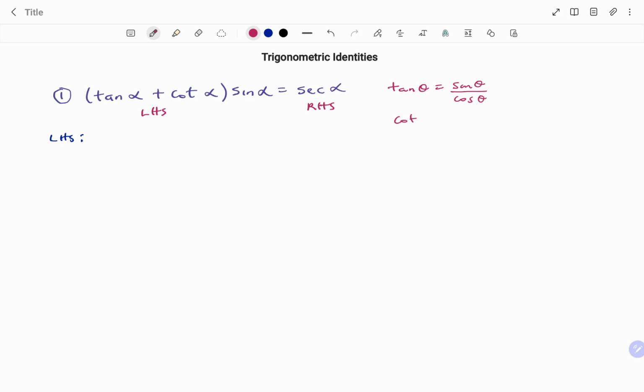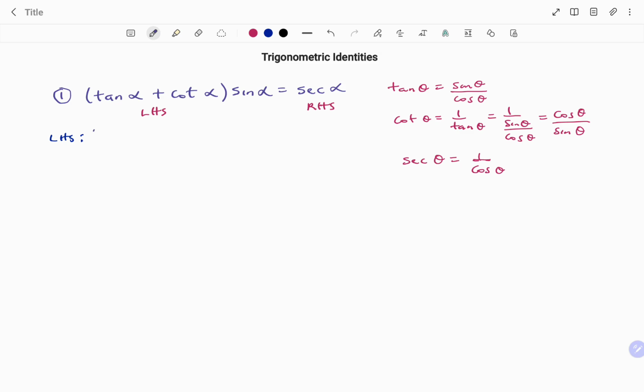If I have cot theta, that's 1 over tan theta, and that's the same as 1 over sine theta over cos theta, and that will give you cos theta over sine theta. Also, sec theta is equal to 1 over cos theta. So back to proving our left-hand side.